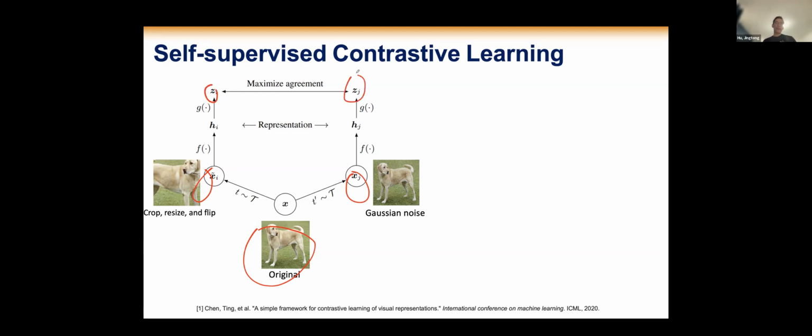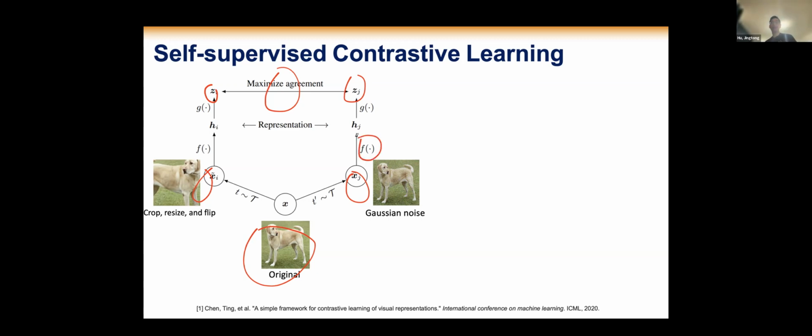No matter how we augment these two images, they are still the same dog. So the features we extract from these two images should agree with each other because both of them are dog, right? If we use this to maximize the agreement, we are going to train a good encoder.